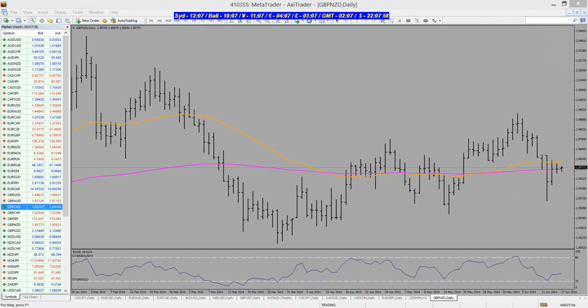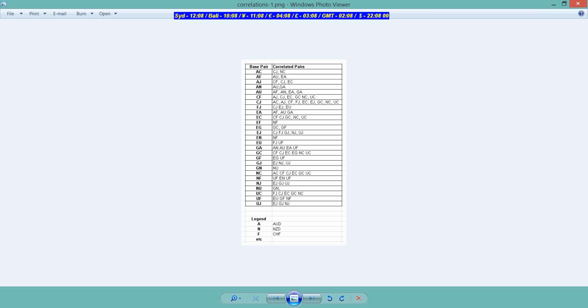You then sent me this correlations thing, and in your email you say, I've been reading a bit about smoothing the equity curve, minimizing your drawdowns, and the most efficient way is to trade from multiple baskets that are not correlated. I'd have to agree.